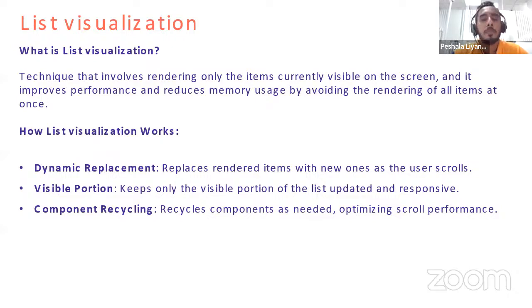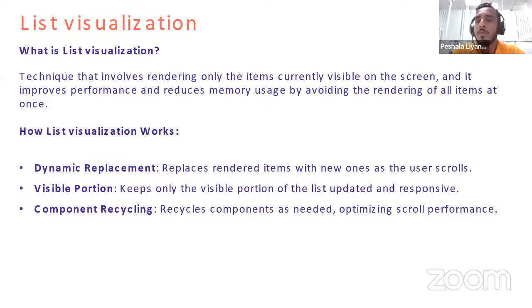The perfect example would be the Facebook feed. When you scroll down, from time to time you can see it's loading and updating the feed. That's what they are doing. Actually, there are multiple methods of doing list virtualization, like infinite scroll.